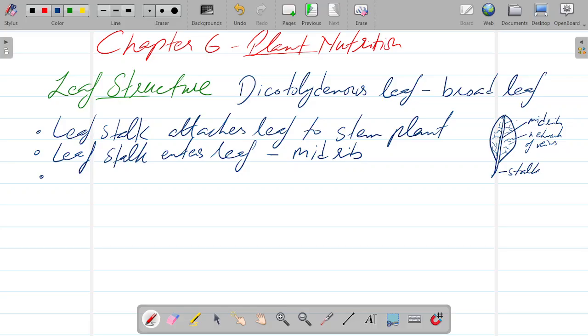Right. So to repeat, a leaf stalk is what attaches the leaf to the stem. So, right, this part over here, and let's say this is the stem of the plant. This is the stem, plant stem.